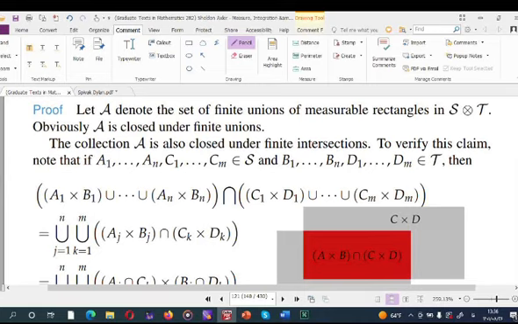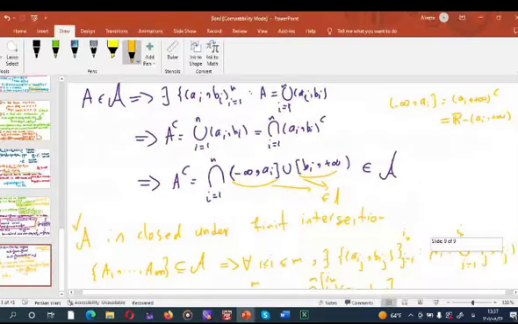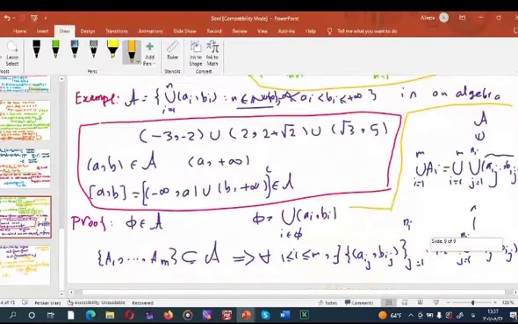Obviously, A is closed under finite union. That we saw in the previous session, we saw its proof completely.